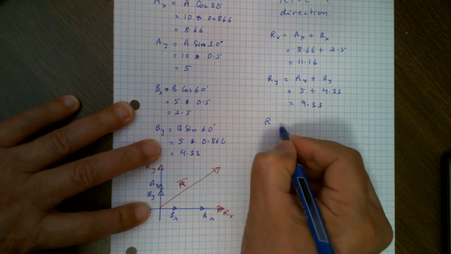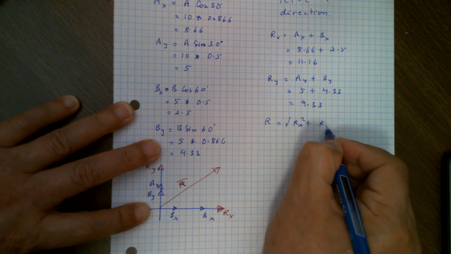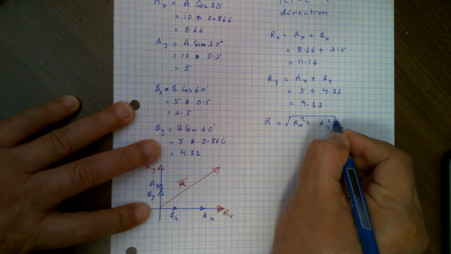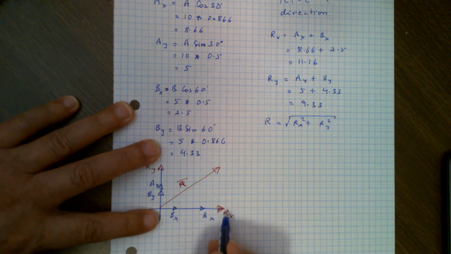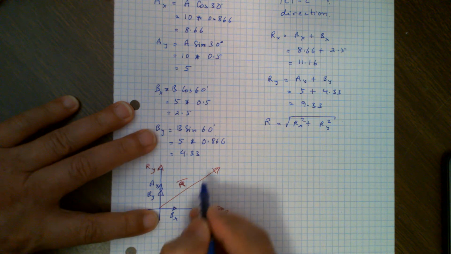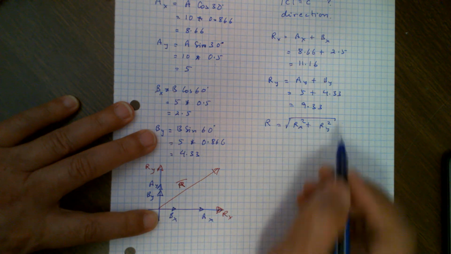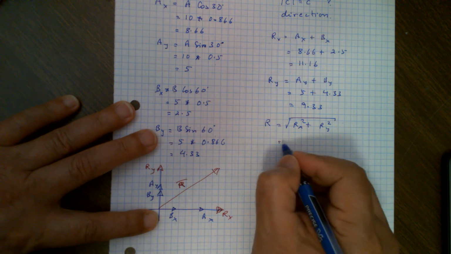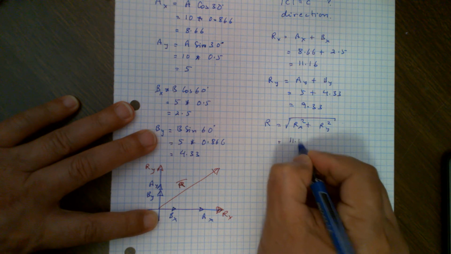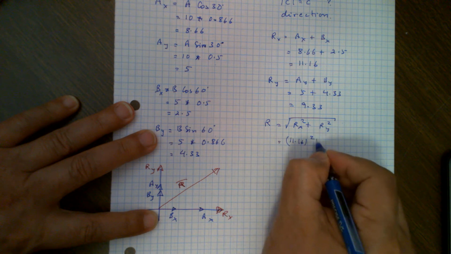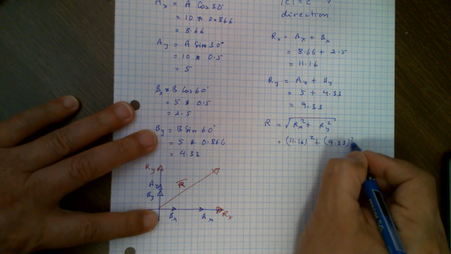So the magnitude of R is obviously Rx squared plus Ry squared, and then you take the square root, because that's from the Pythagorean theorem. Rx squared plus Ry squared will give you R squared. So the magnitude of R is the square root of Rx squared plus Ry squared. Let me put the values in: 11.16 the whole squared plus 9.33 the whole squared.